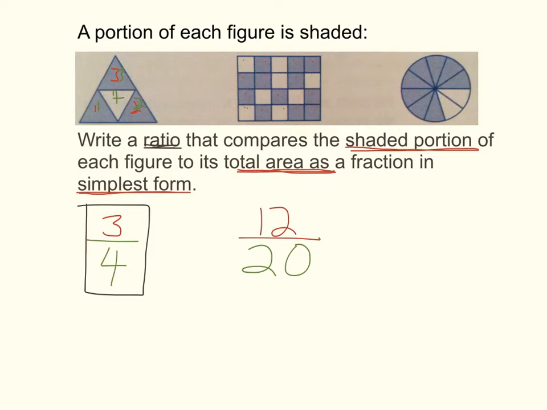But this is not in simplest form, because I can divide both of these by 4. And if I do that, I get the same fraction in simplest form, which is 3/5.